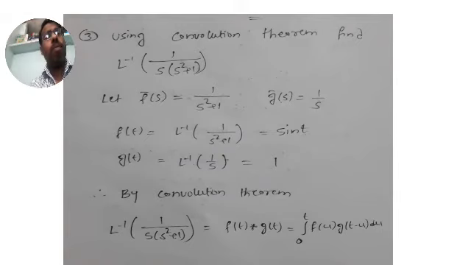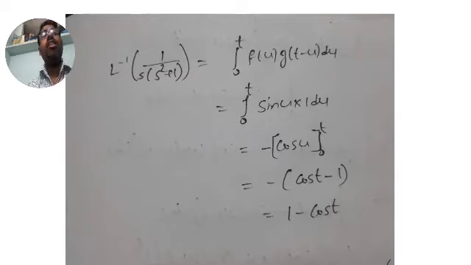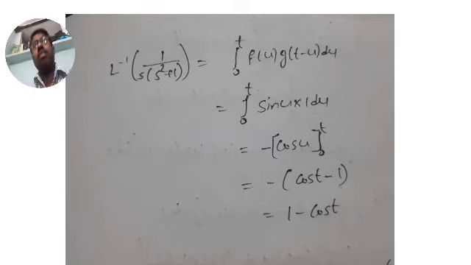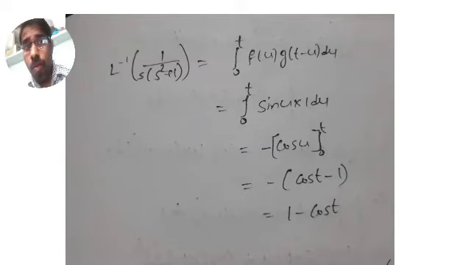But the problem comes in the integration part. The integral function becomes more complex than this simple one. You got only sine u, but then you may get sine of t minus u, like that. So to avoid the integration complexity, we take the simple function as g bar of s. That's it, nothing more than that.